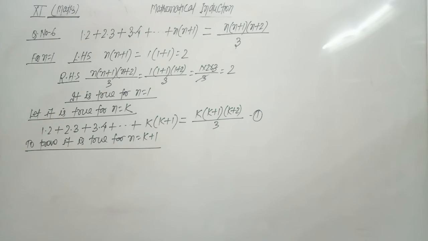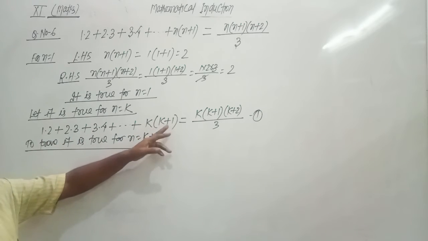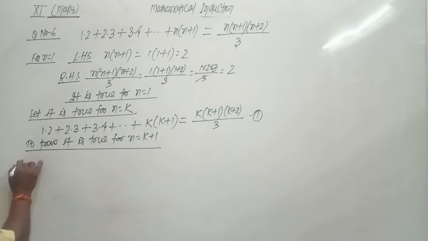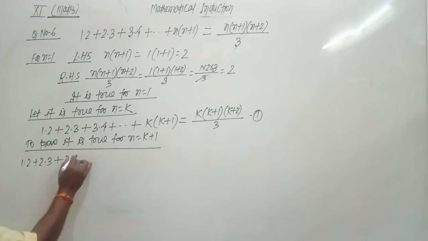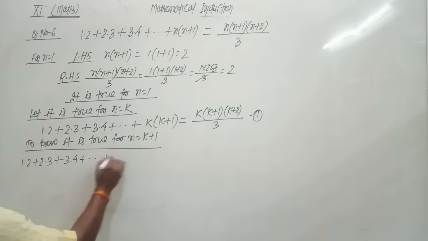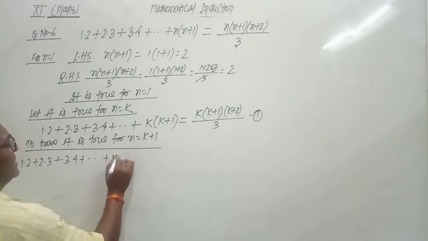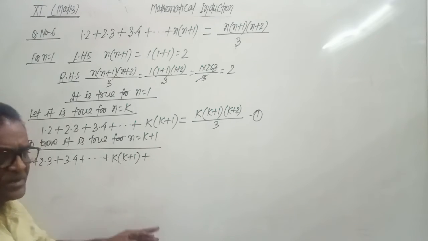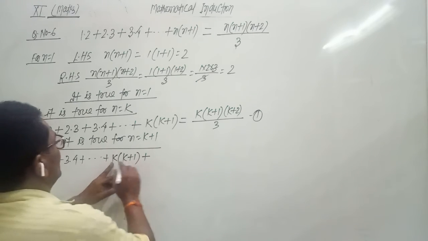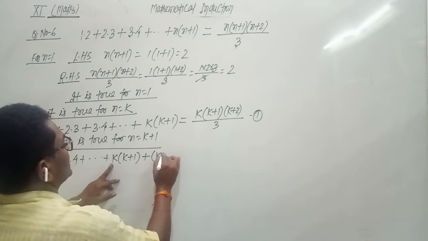To prove it is true for n equals to k plus 1, we will write the term up to k. So 1 into 2 plus 2 into 3 plus 3 into 4 plus dash dash up to k into k plus 1. And to write the next term, the k plus 1th term, we will write k plus 1 in place of k.